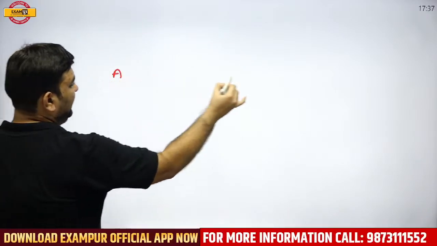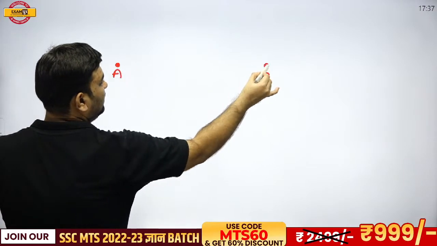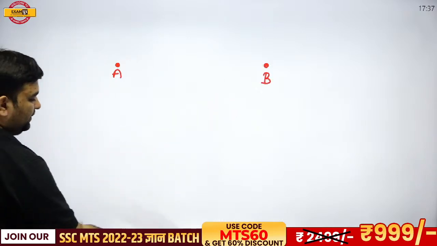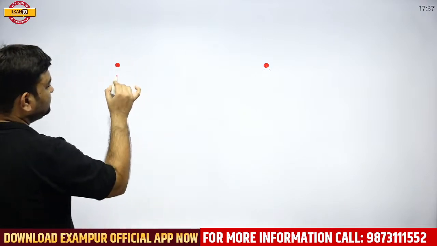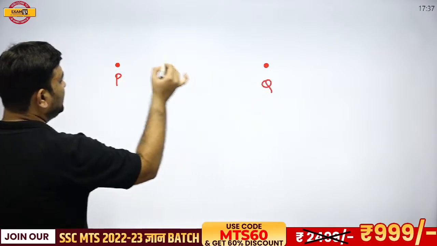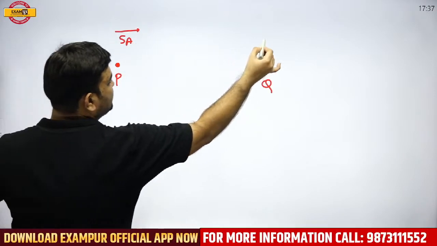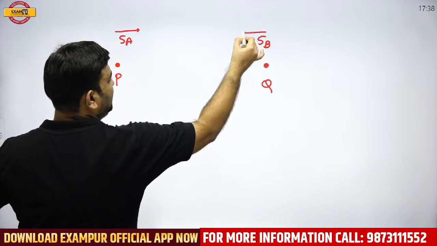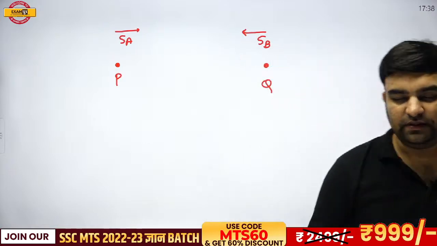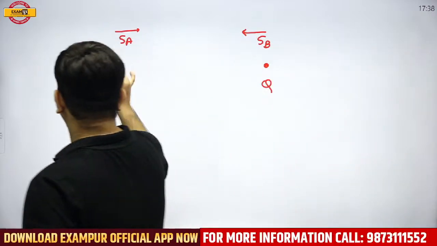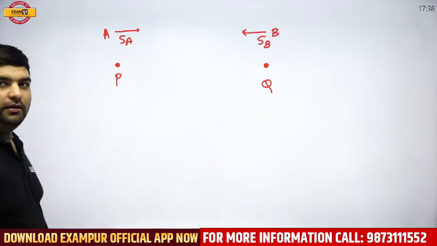Let's suppose there are two places A and B, or maybe two places P and Q. Two persons A and B start traveling towards each other with the speeds SA and SB.